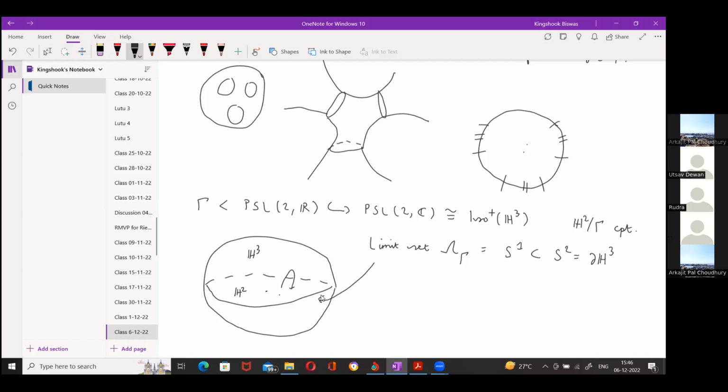Limit set means the set of accumulation points of any gamma orbit. So any gamma orbit is going to accumulate on this whole circle. All right.